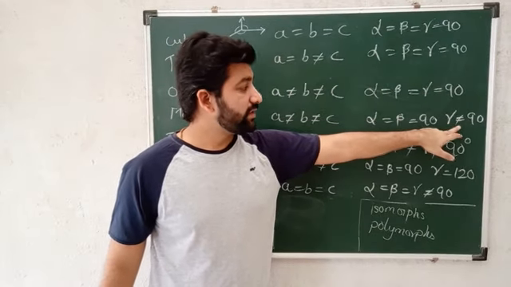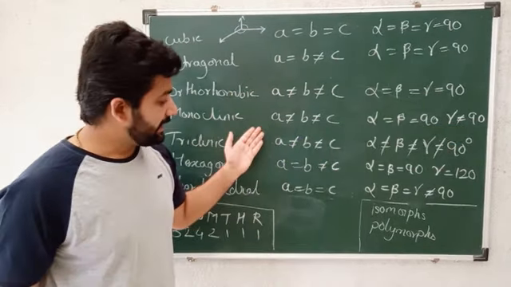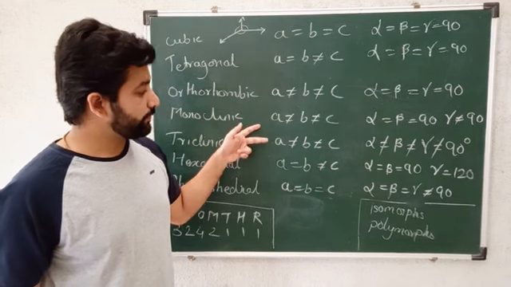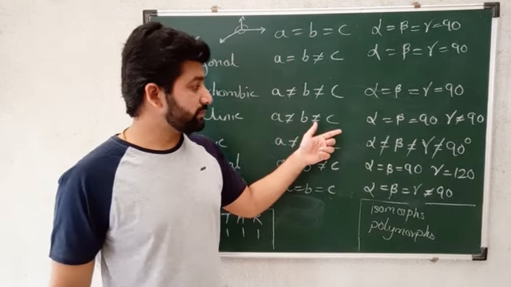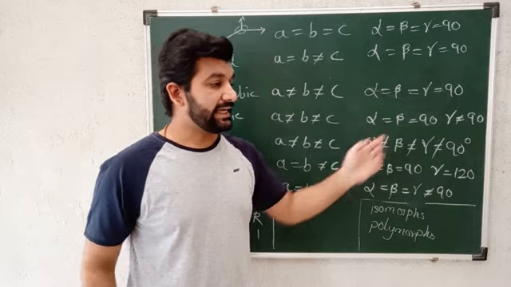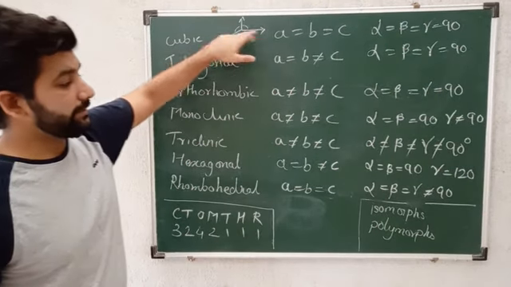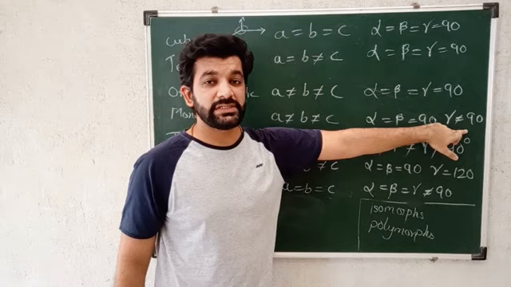Next we are now changing the angles. Here edge lengths remain the same in these two, where A is not equal to B is not equal to C. Alpha beta means the angle between 2 edges is 90, but one angle is not 90.